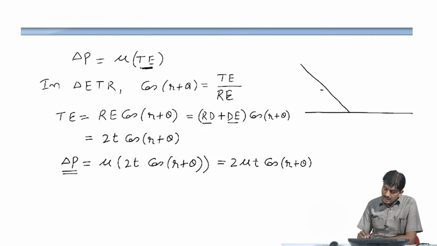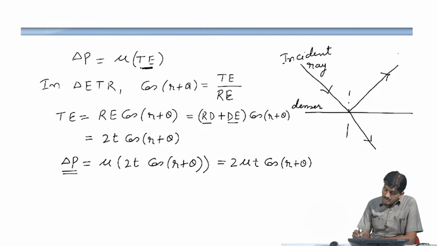This is an incident light ray, and if a light ray is incident on a denser medium, some part is reflected and some part is refracted. This is the incident ray, this is the reflected ray, and this is the refracted ray.